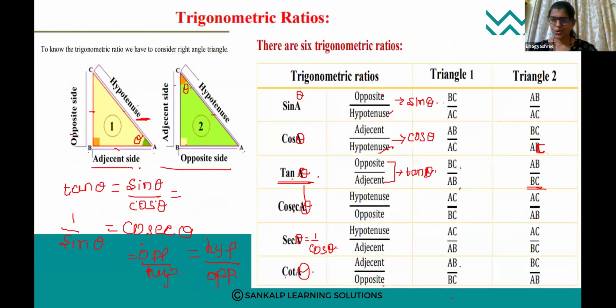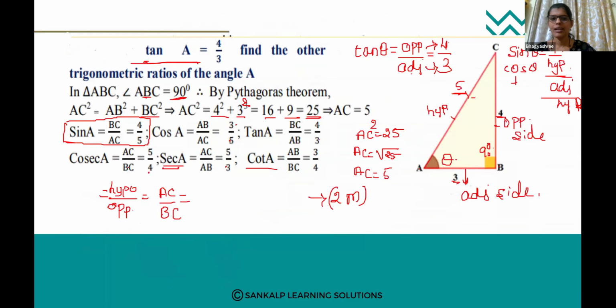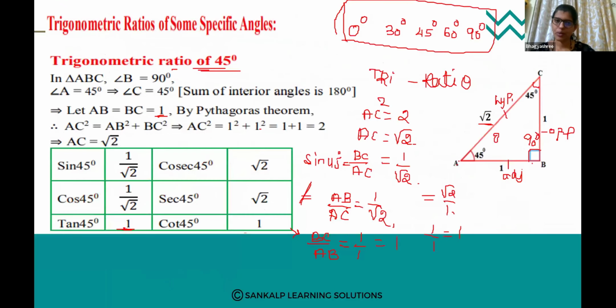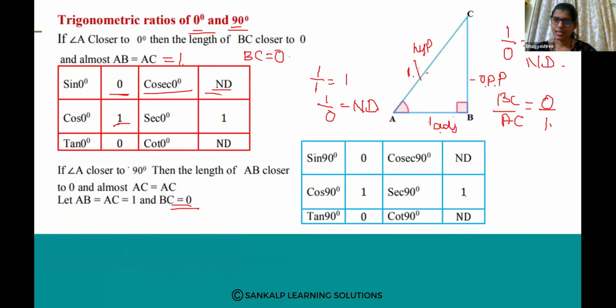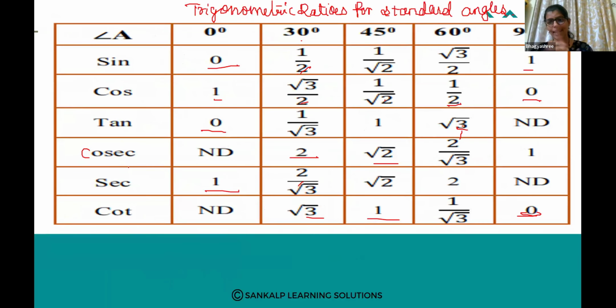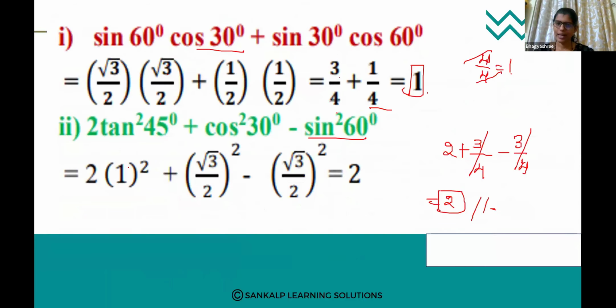Trigonometric ratios: how many ratios are there? 6 ratios are there. Sin theta, cos theta, tan theta, cosec theta, sec theta, and cot theta, right? And also we have solved some problems, and we have discussed trigonometric ratios for standard angles, that is 0 degree, 30 degree, 45 degree, 60 degree, and 90 degree, right?